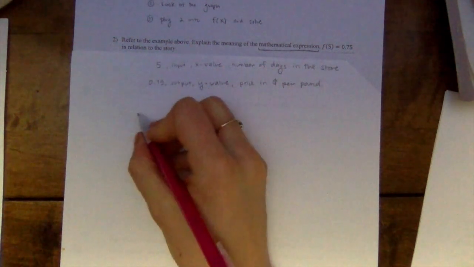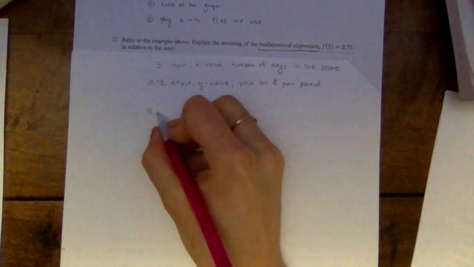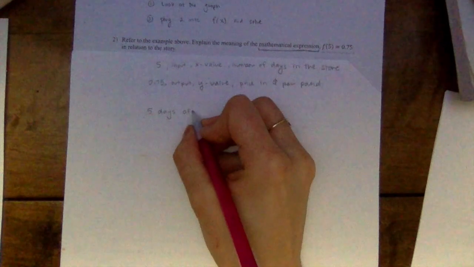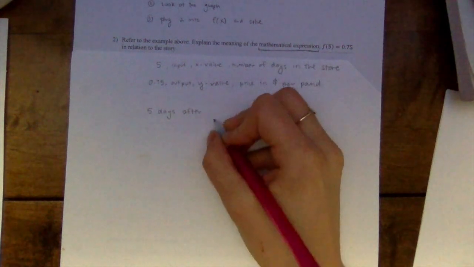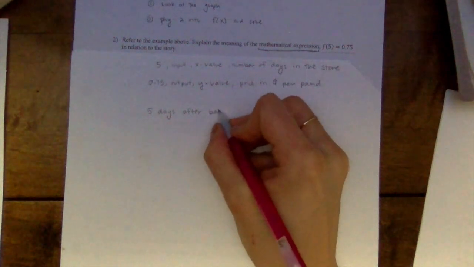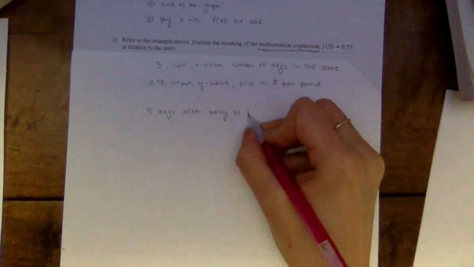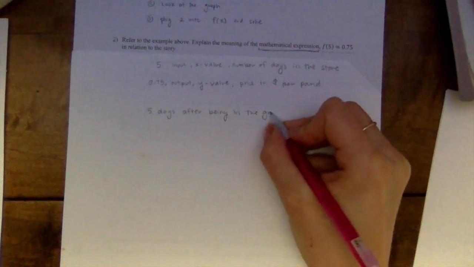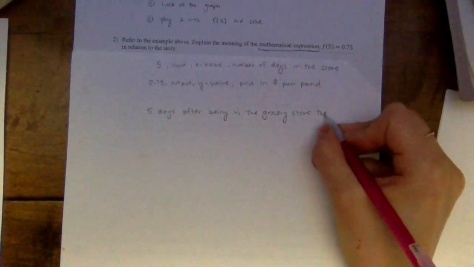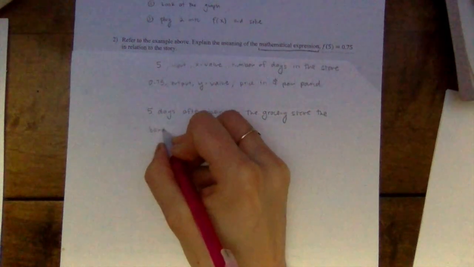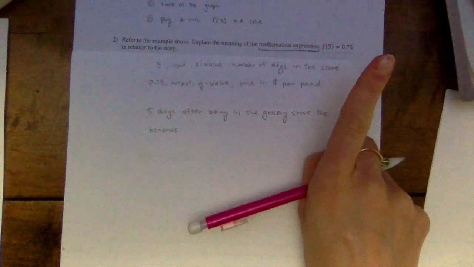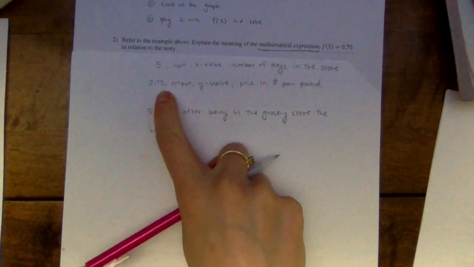So we could say, 5 days after being in the grocery store, the bananas will cost 75 cents per pound.